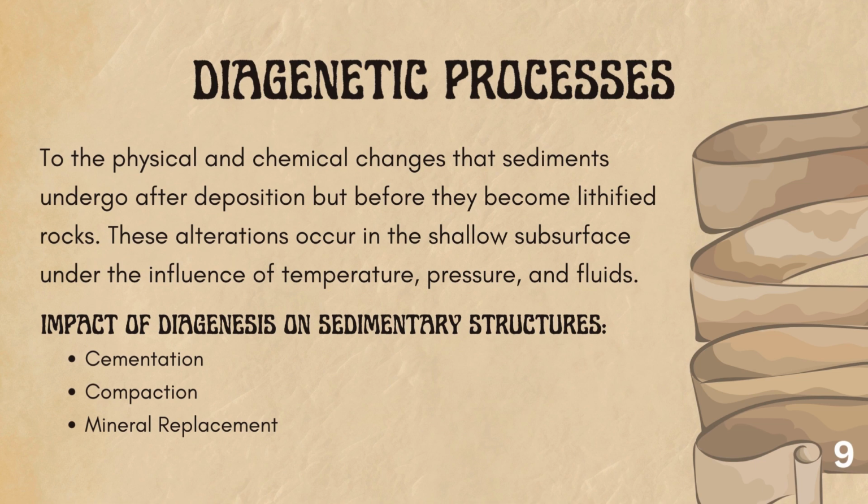They give an impact on reservoir quality as cementation can reduce overall porosity by filling the pore spaces between grains, while compaction decreases porosity and increases rock density, reducing fluid storage capacity and permeability. Next is mineral replacement, which is replacing the original minerals with new ones and can alter the rock's mechanical and chemical properties.